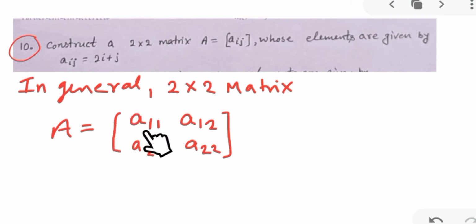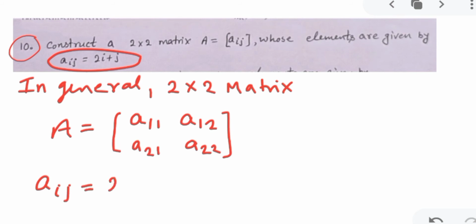Now, I have to find the values of A11, A12, A21, A22. How will I find them? Using the relation given in the question: aij is given as 2i plus j.